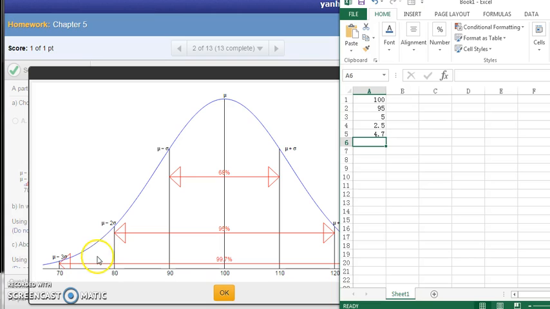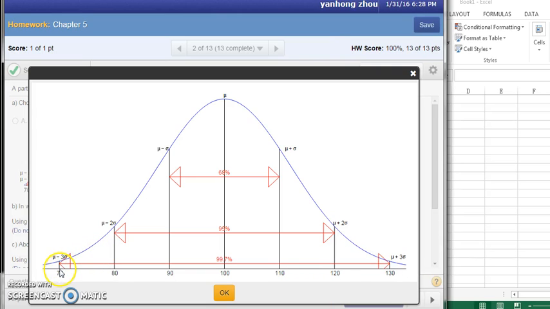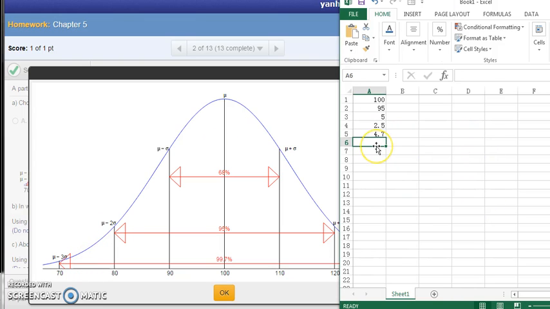4.7. The 4.7 means this area from 70 to 80 plus this area from 120 to 130. And now we are only interested in this one side. So because of symmetry, those two areas are going to be equal and we only need one of them. So we're going to do 4.7 divided by 2, 2.35.